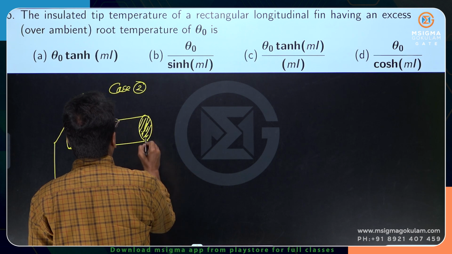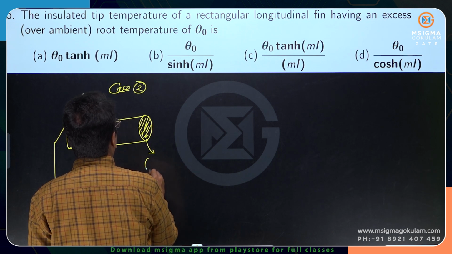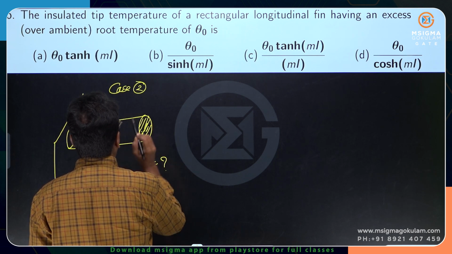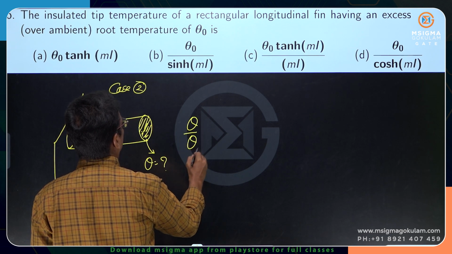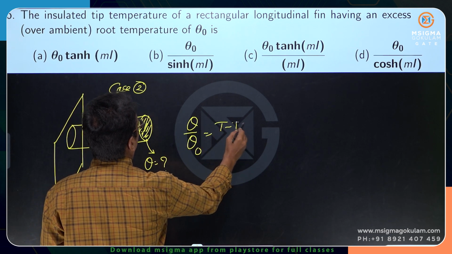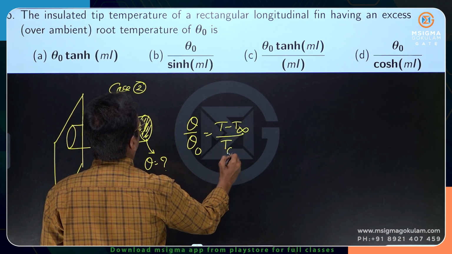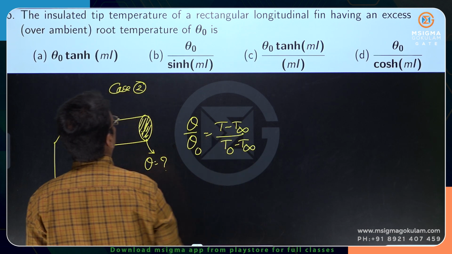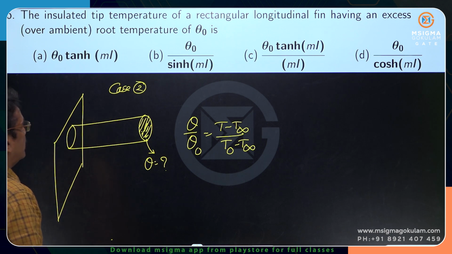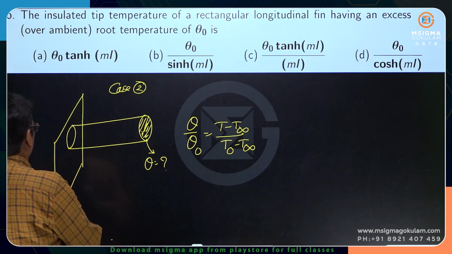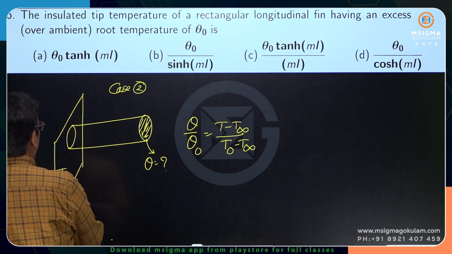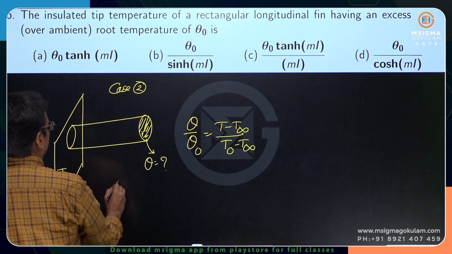Here what is theta? He is asking theta by theta naught is equal to T minus T infinity by T naught minus T infinity, where T naught is the root temperature and T infinity is the ambient temperature.